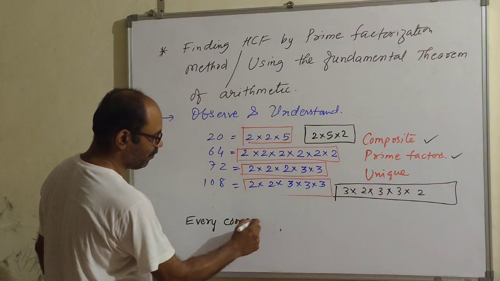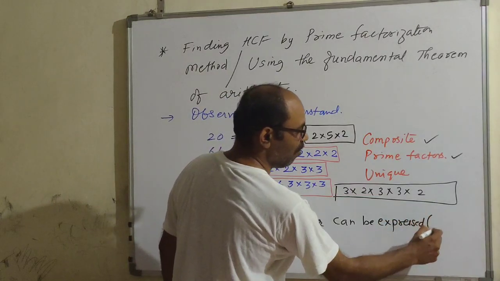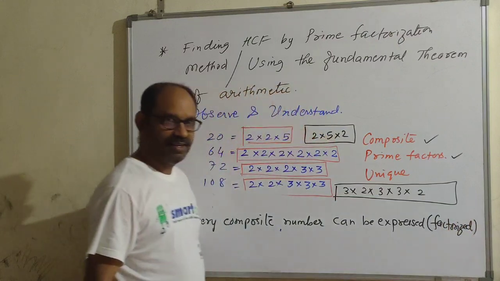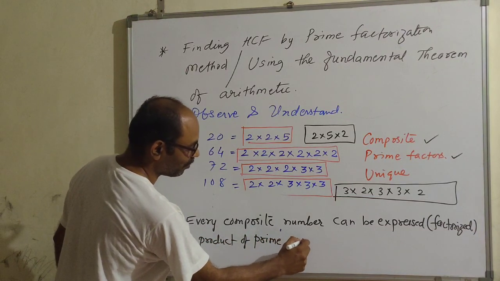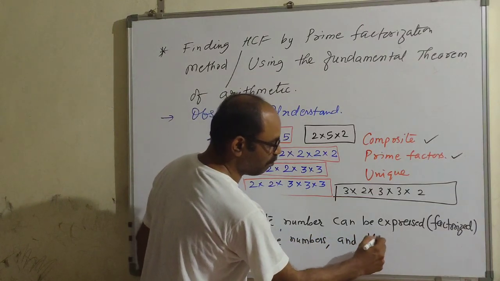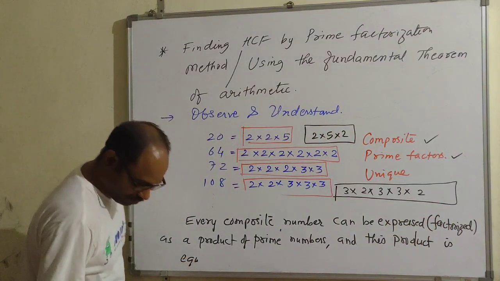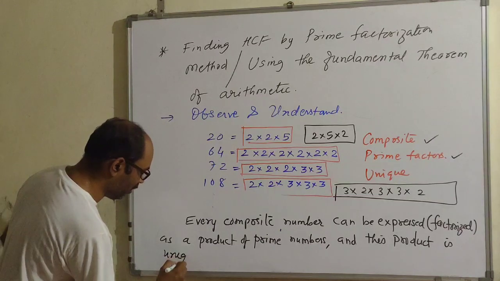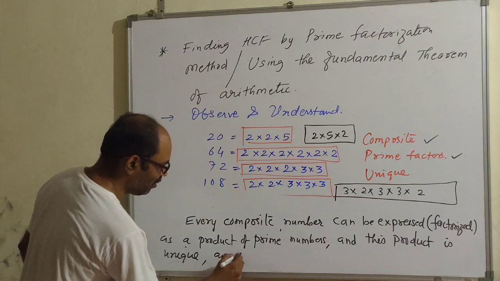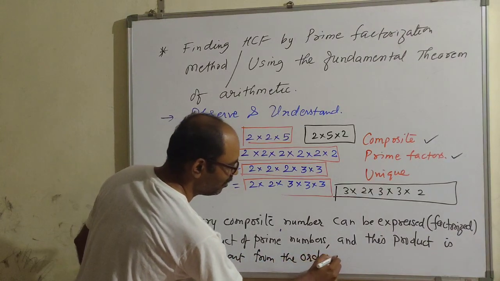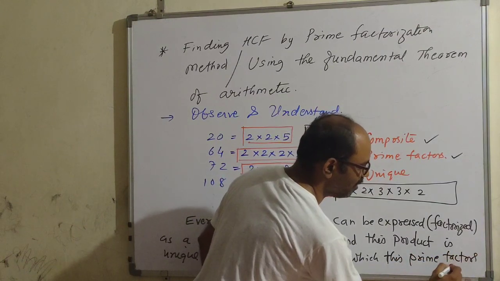Every composite number can be expressed or factorized as a product of prime numbers, and this product, this expression is unique, apart from the order in which these prime factors occur. The order may be different.